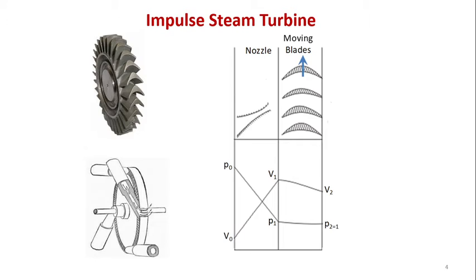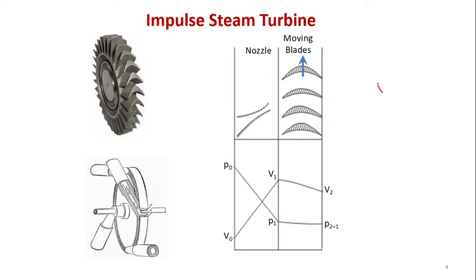As you already know what an impulse turbine and a reaction turbine are, I will not take much time in this explanation. In the impulse steam turbine, the blades are symmetrical, there is a complete decrease in pressure, and meanwhile an increase in velocity.